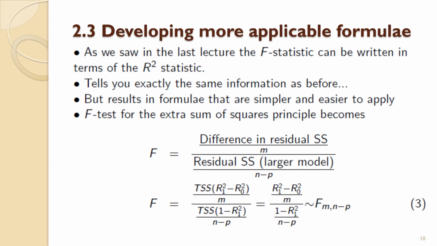Again, what we saw in the last lecture is that the F statistic can be written in terms of the R-squared statistic, and we're going to expand on this idea in the next couple of slides. Really the main point is that you can remember the formula on the next slide, slide 2.4. There's some maths here, but the main point is equation 4 on the next slide.